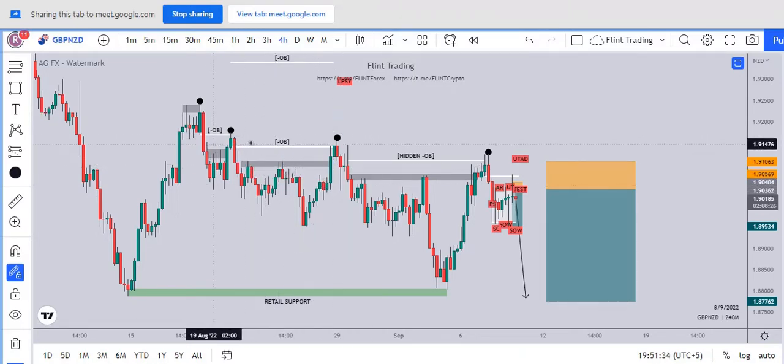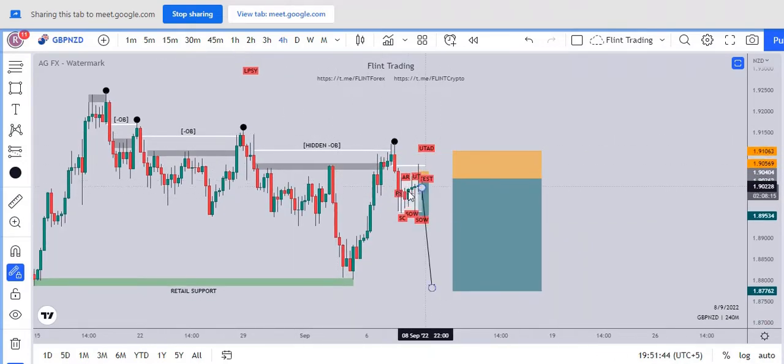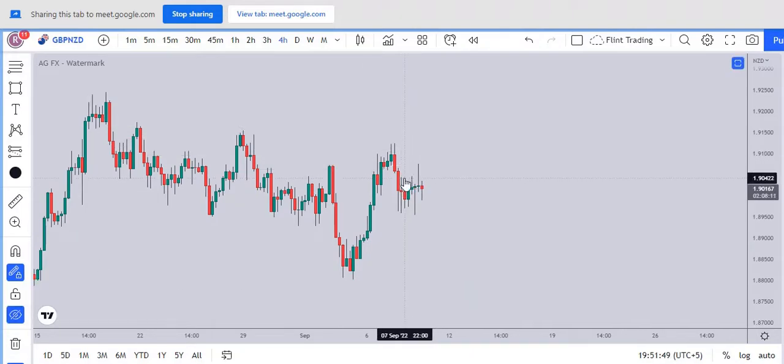It took out, it mitigated this. The same scenario right there, equal highs, inducement. The price went up, took out these highs, mitigating this hidden order block, and the same thing right there, these highs, inducement. The price pushed up, took out these highs, mitigating this order block, and we are expecting a bearish wave to the downside.